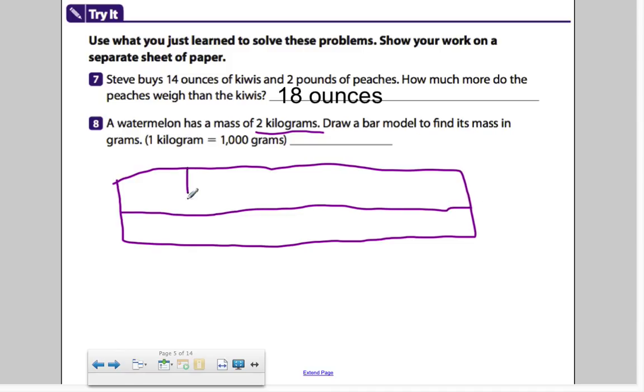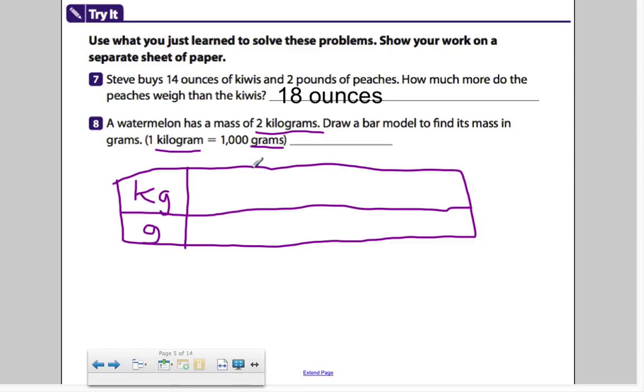On the top, we're going to put kg. Kg stands for kilograms. And on the bottom, we're just going to put G for grams. Now, a watermelon has a mass of 2 kilograms.